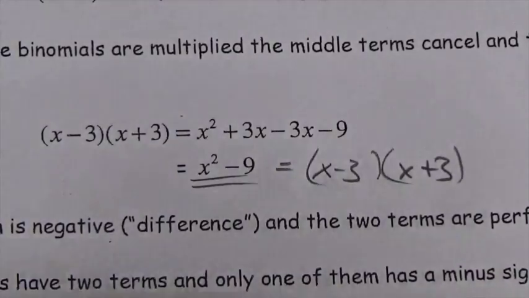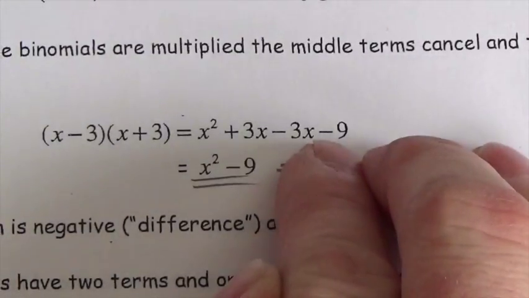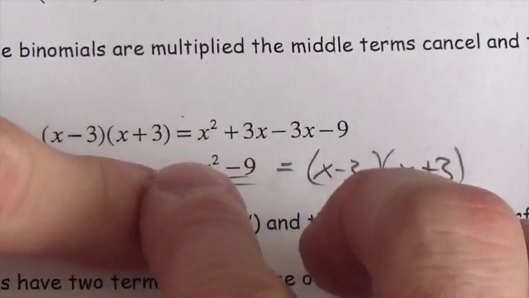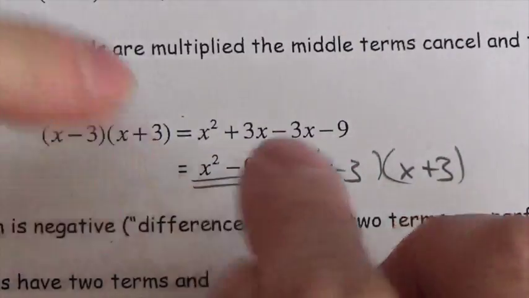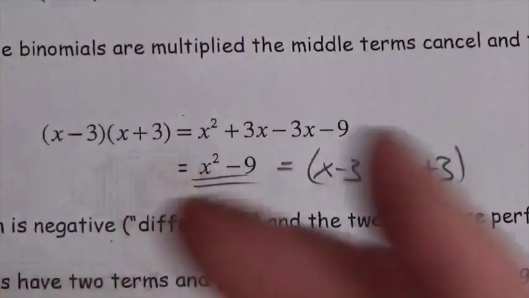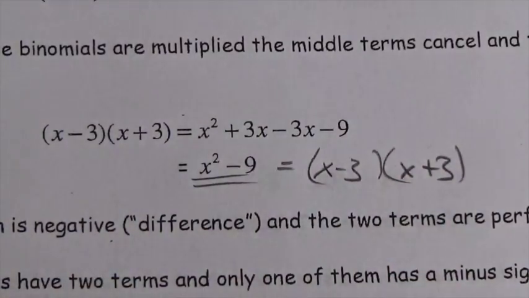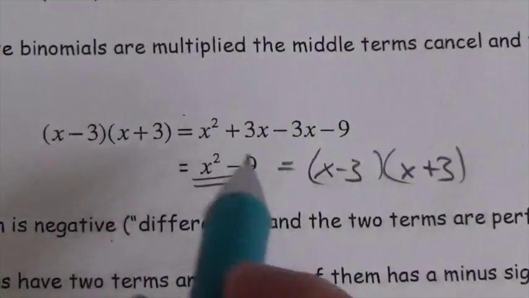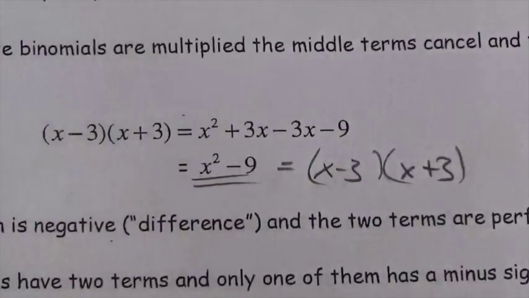But recognize that's not how it happened. Somebody was expanding something like this out and noticed it got to here. So the obvious backward step is to go from there to there. It's not that creative to simply go backwards.